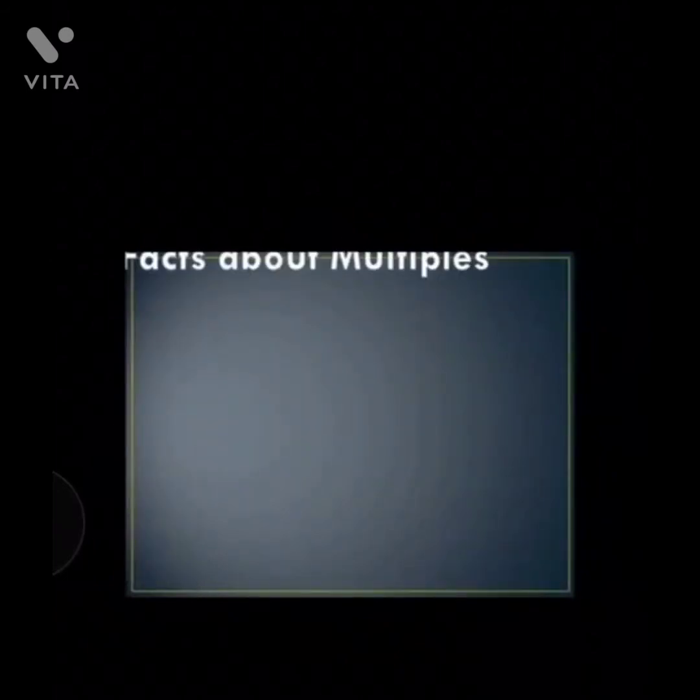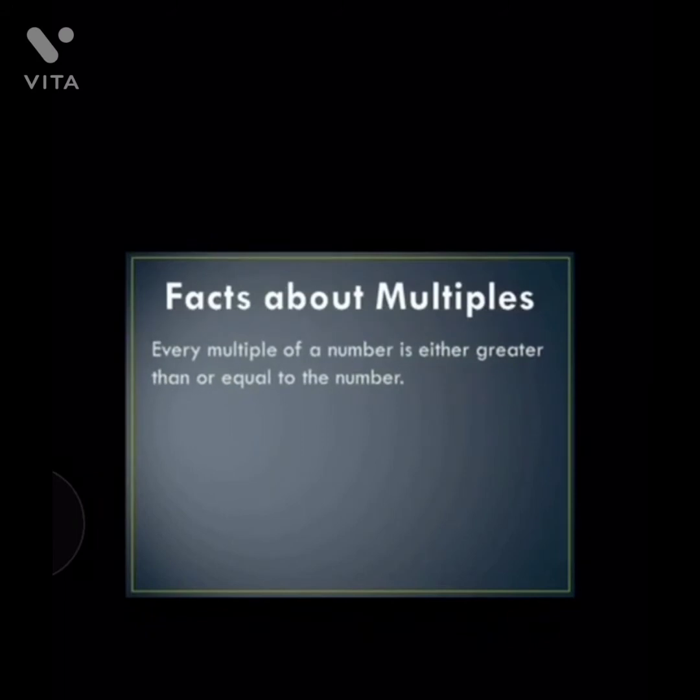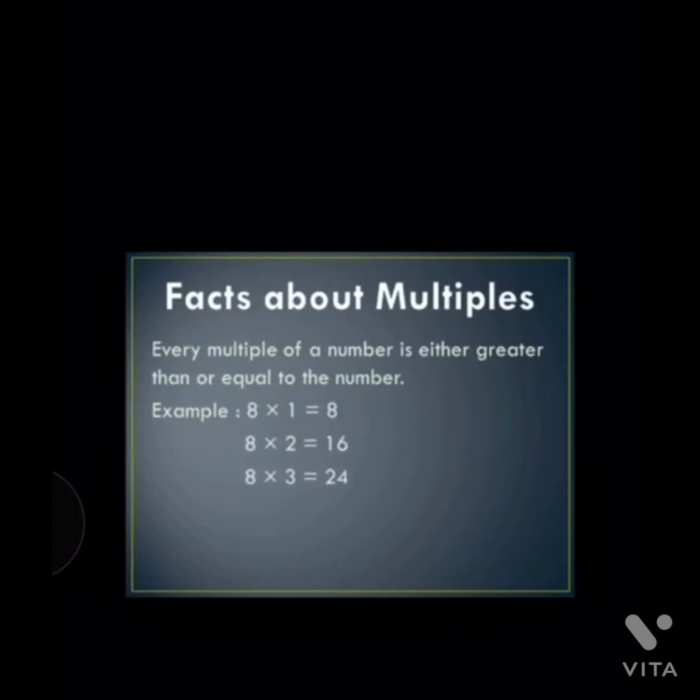The next property of multiples states that every multiple of a number is either greater than or equal to the number. Let's take an example. We will write the multiples of 8. 8 ones are 8, 8 twos are 16, 8 threes are 24, 8 fours are 32, 8 fives are 40 and so on.